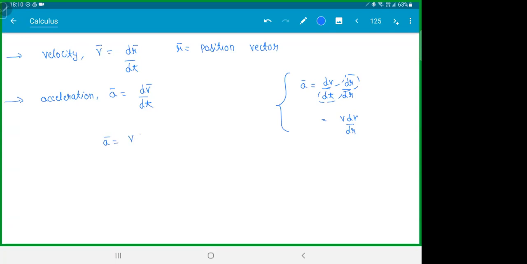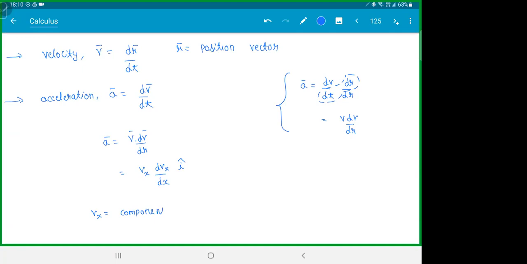So acceleration also becomes v dv by dr. This is actually vx dvx by dx i cap, where subscript x means velocity in the x direction. So vx implies the component of velocity in x direction.